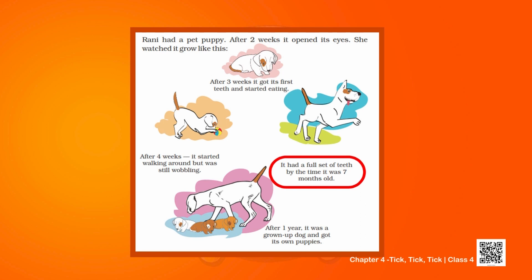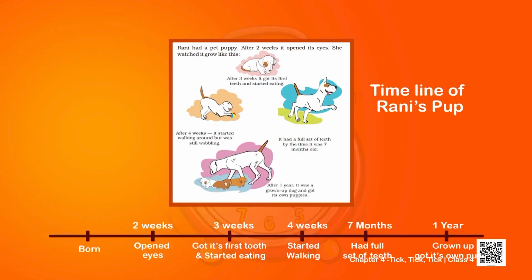It had a full set of teeth by the time it was 7 months old. After 1 year, it was a grown-up dog and got its own puppies.